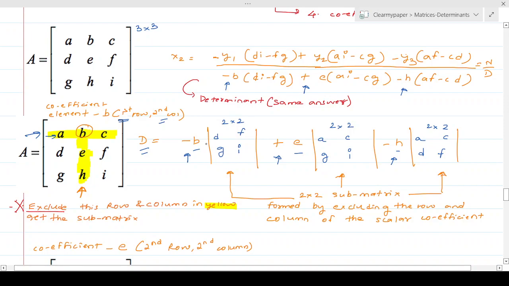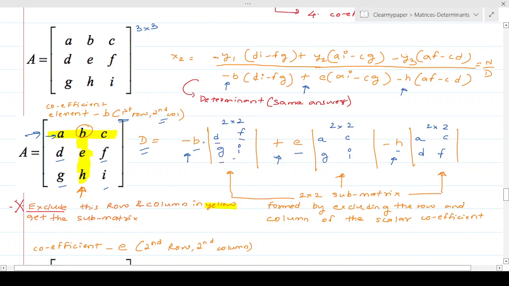And if I want to find the determinant, if you see there is no b element here. So the way to remember that is, whatever row and column is highlighted in yellow where the element is present, disregard that, ignore that, and form a determinant of the remaining elements which are not highlighted, which is D, G, F and I. That's what you get here, D, G, F and I in the exact sequence.